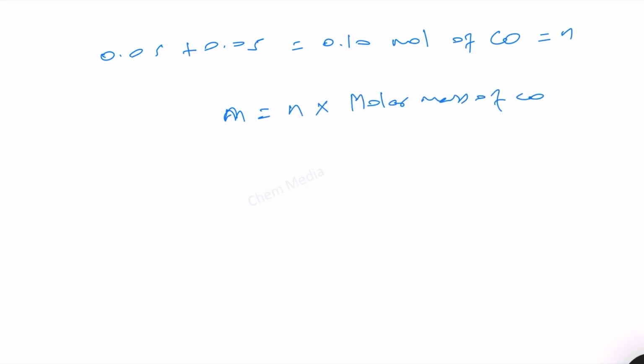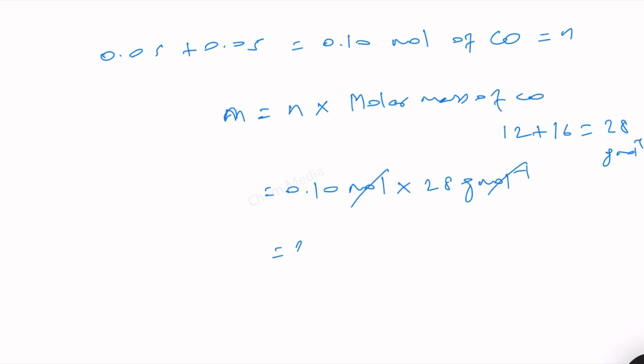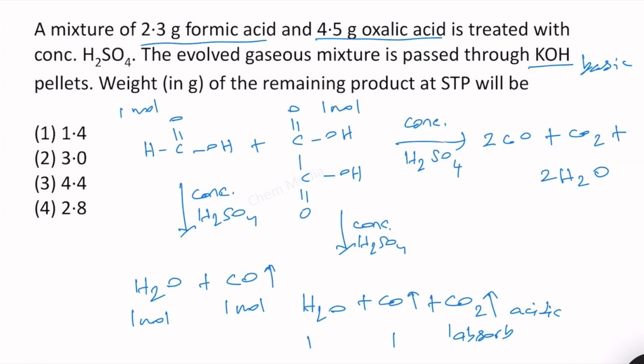So, 0.05 plus 0.05 is equal to 0.10 mole of CO. Number of moles we got is equal to our n value, and therefore mass is equal to n times molar mass of CO. Molar mass of CO is 12 plus 16, that is 28 gram per mole, and therefore 0.10 mole times 28 gram per mole will be equal to 2.8 gram. That is the mass, and therefore option 4 is correct.